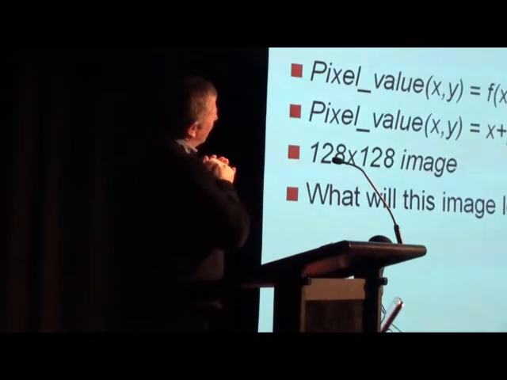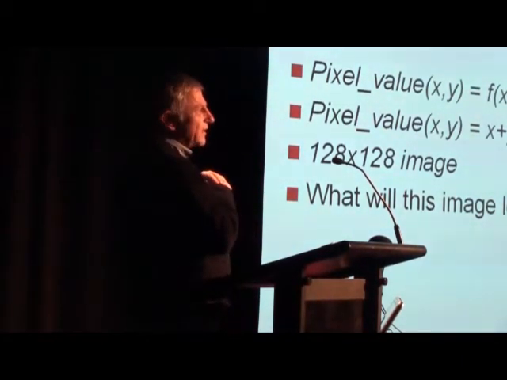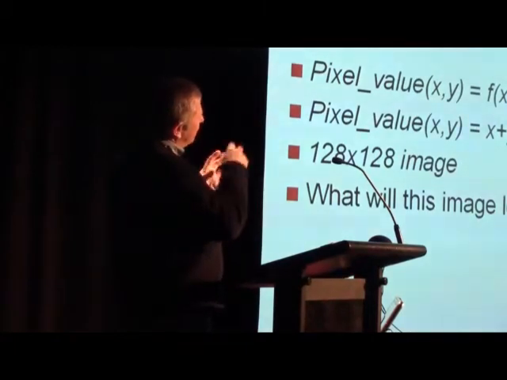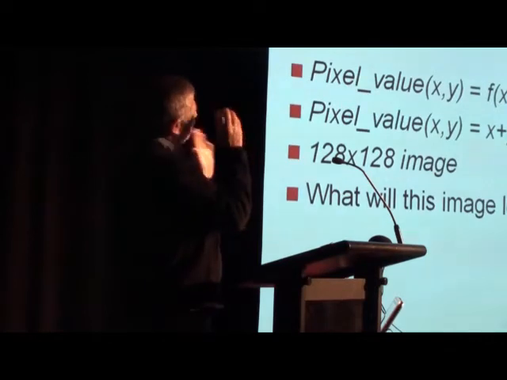So we're going to take this image x plus y and evaluate from x equals 1 to 128, same thing for y. What's this image going to look like?